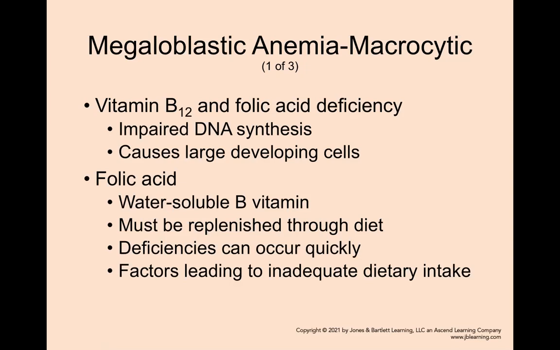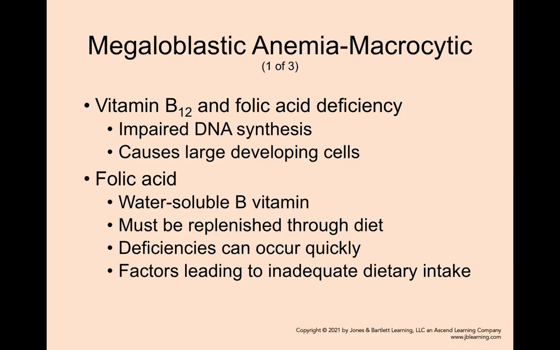Megaloblastic anemia is due to a B12 and folic acid deficiency. This is characterized by delayed nuclear development, but normal cytoplasm development.